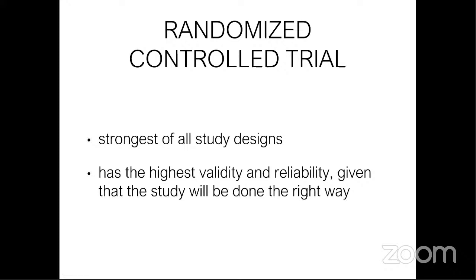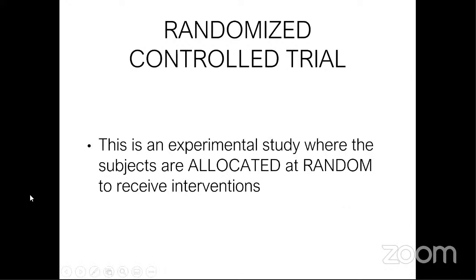So they say the randomized controlled trial would be the strongest of all study designs. It has the highest validity and reliability, given that the study is done the right way, especially if it's done blinded. The experimenter is blinded, the subjects are blinded, then you would have a good randomized controlled trial design.